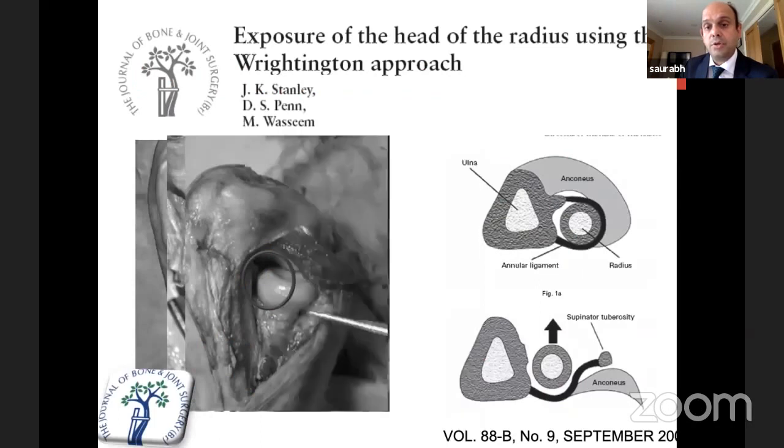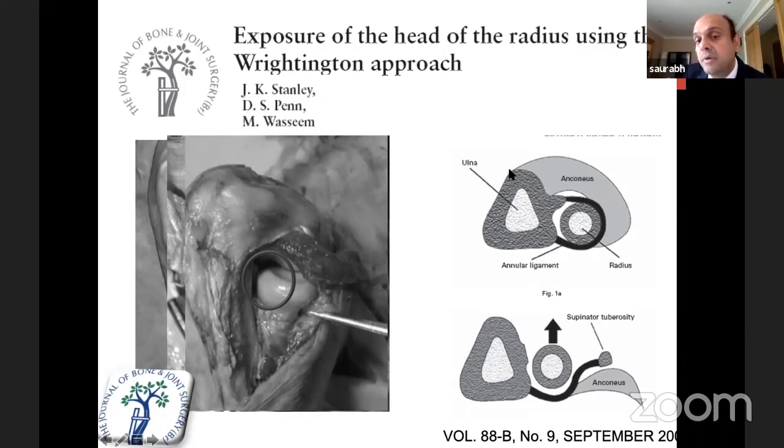Yeah, that's the approach. So obviously to put our ulnar plate, we've gone from the back. So that's the posterior approach. If you see this picture, that's posterior, we're coming from the back, putting a plate on the ulna. Now, if this radial head was in the front, if for some reason the annular ligament was interposed and it was not reducing, I can go between my anconeus and ulna.